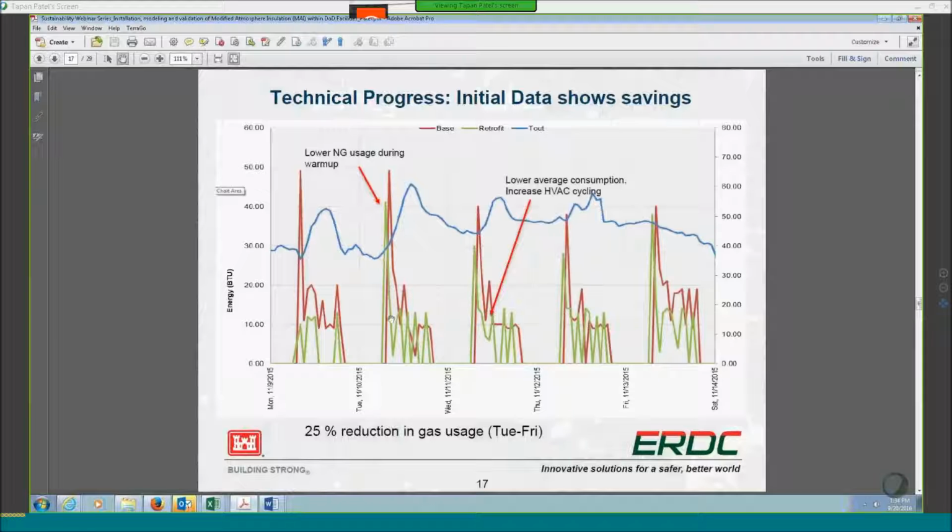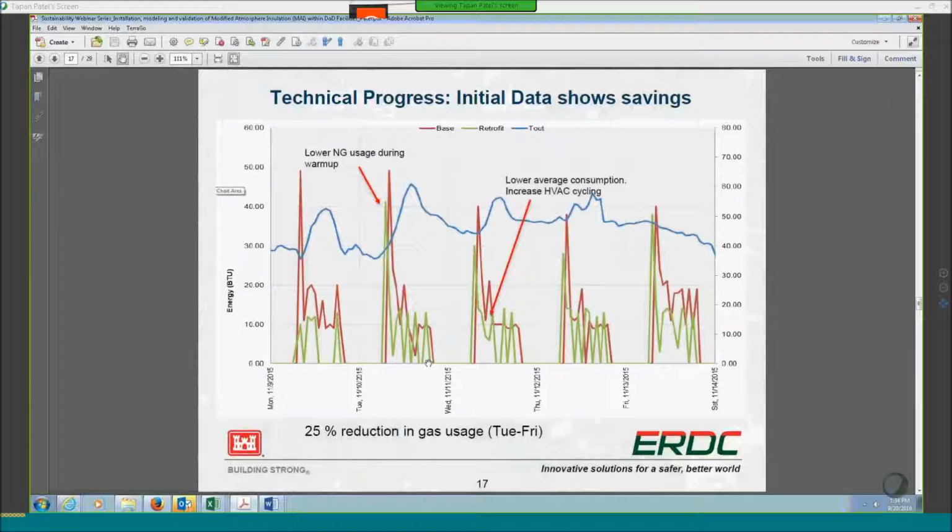Another thing to notice, you can see that in the retrofit facility, there's a lot more cycling in our natural gas, and that is an effect you would expect as you increase the R value and the envelope becomes better. Your heating and cooling needs to cycle a lot more because you're suddenly reaching your set points much quicker.